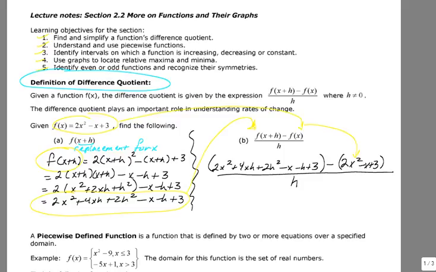Let's distribute this negative first. I always put these parentheses in so I won't forget to distribute the negative. And when we do that, we'll end up with a negative 2x squared, positive x, and a minus 3. And all of our front stuff that's hanging around over here, so we'll just copy that down.